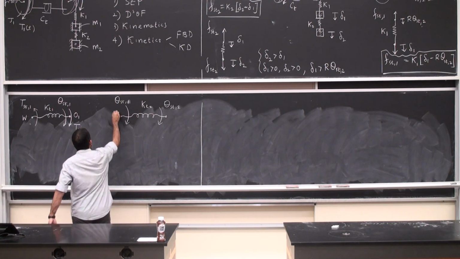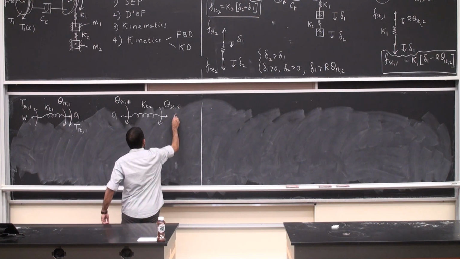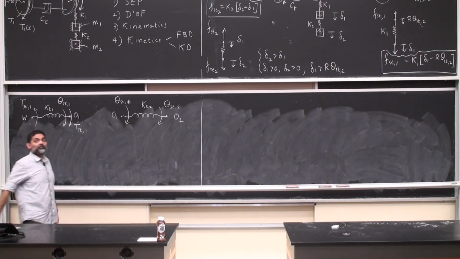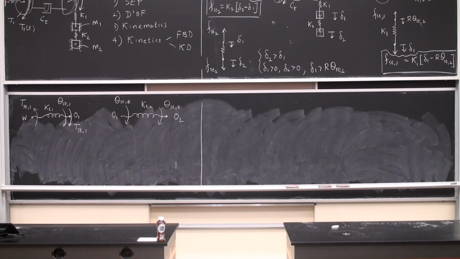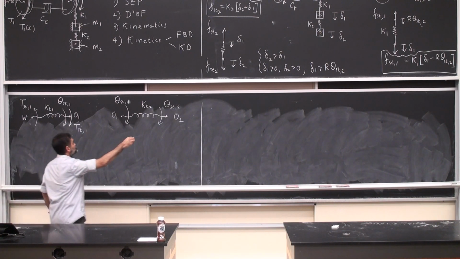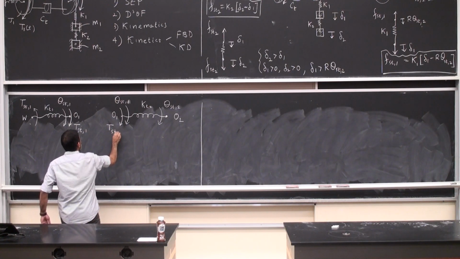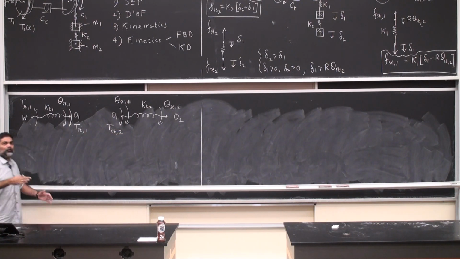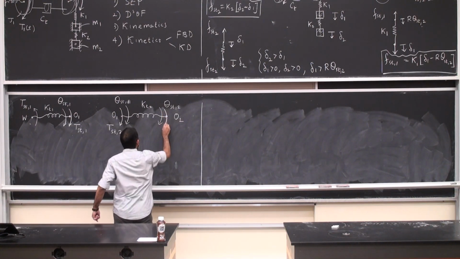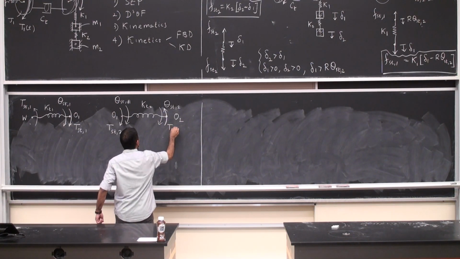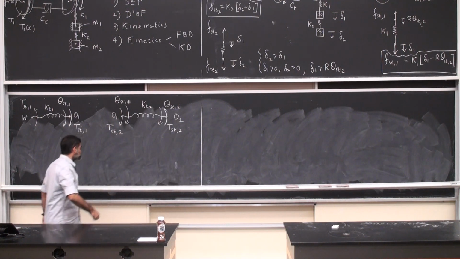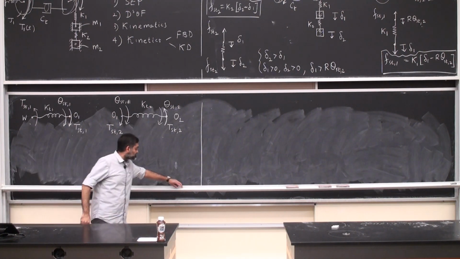This is O2, which is connected to the center of the second disk. Likewise, I focus on one end. This is T static 2. Can focus on either end, no harm done. Then I'm going to have an equal and opposite T static 2.